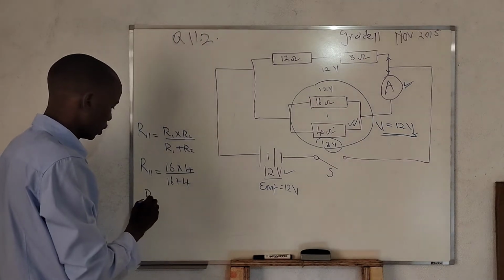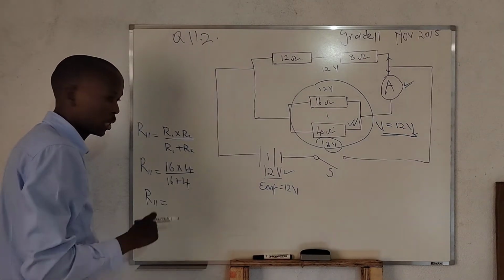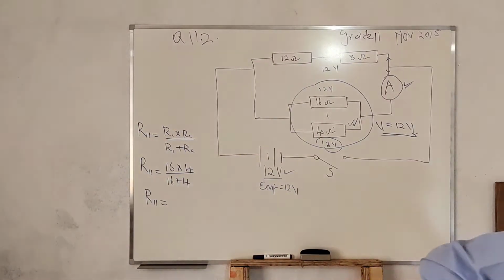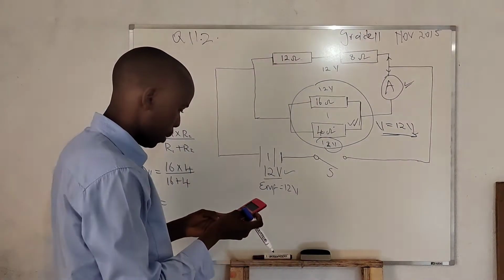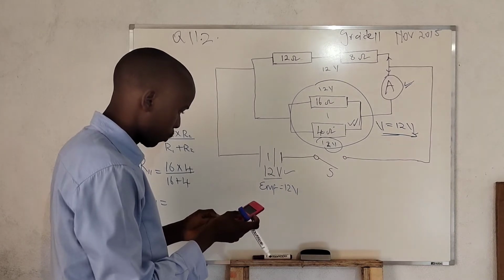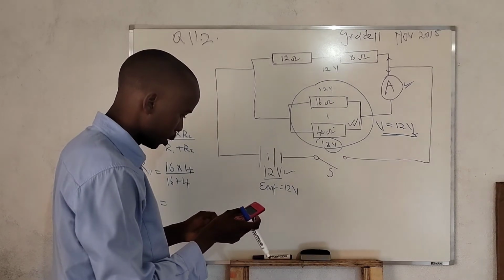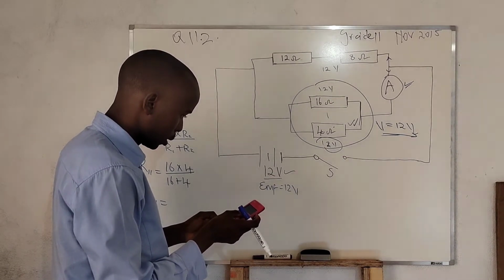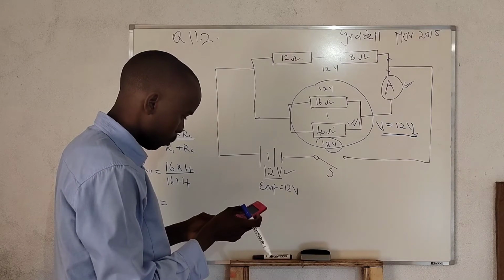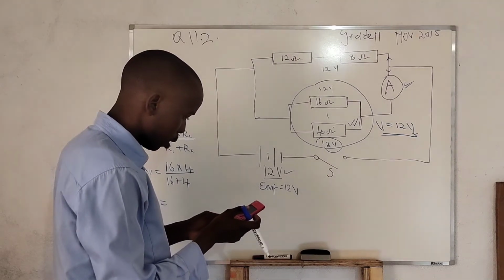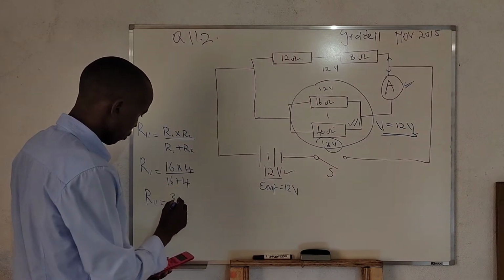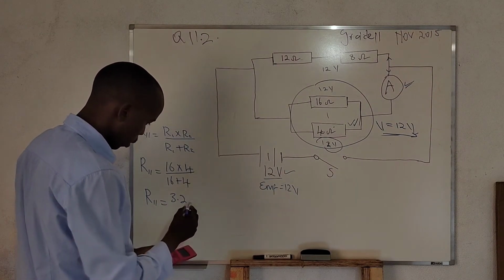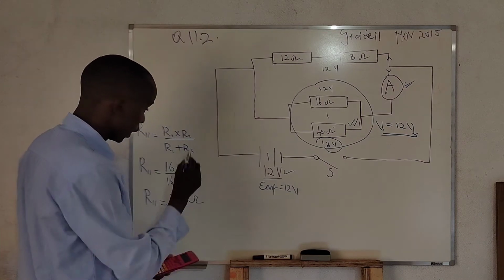Let me quickly use my calculator so that we do not waste much time. 16 times 4, divided by 16 plus 4. The answer for the resistance is 3.2 ohms.